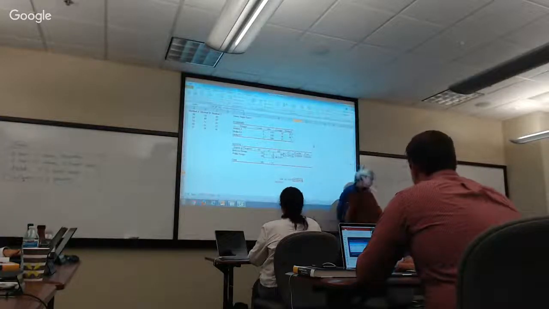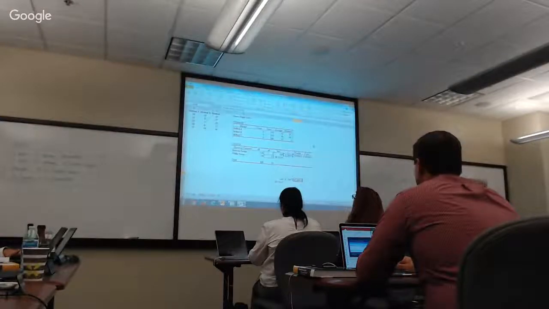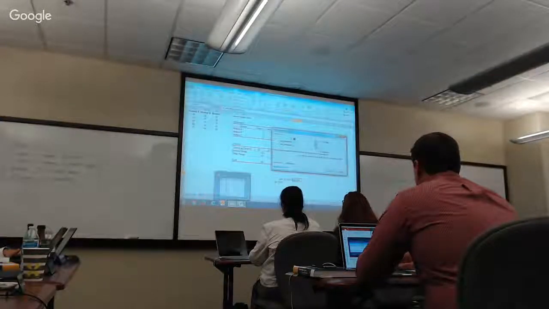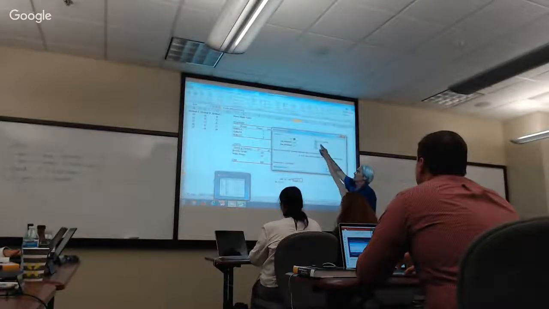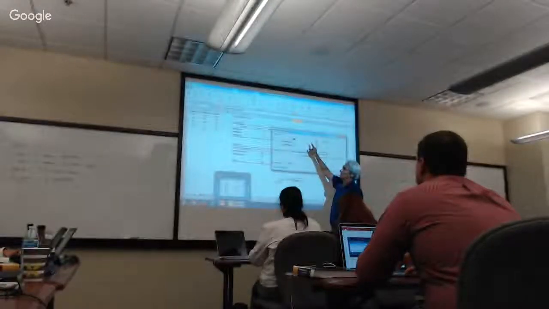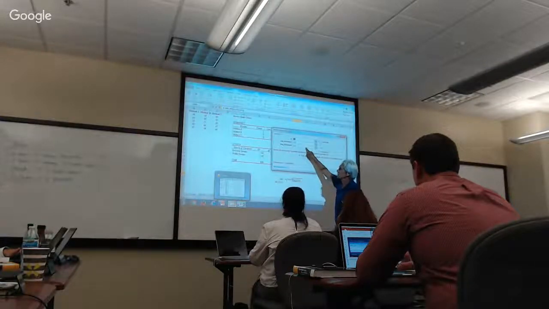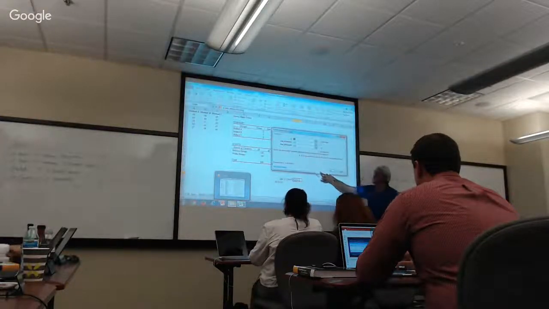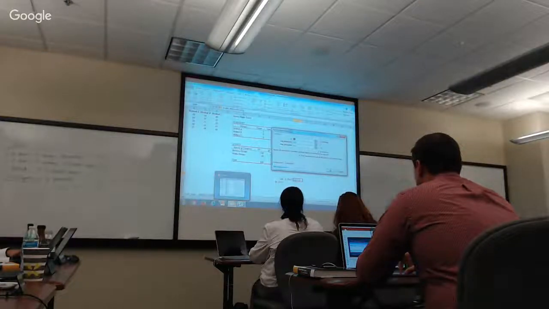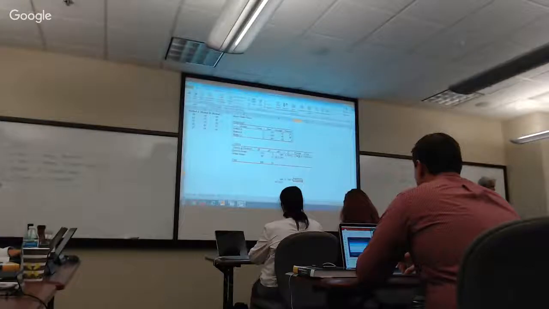Then it asked for two other parameters: what were the degrees of freedom? Let me just bring this up so you can see what it was asking for. It asked for X, X being the F value, and it asked for the two cells where there were degrees of freedom. And once you do that, you can get what the p-value is.